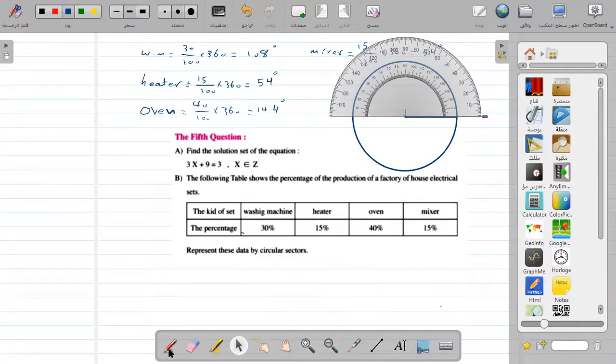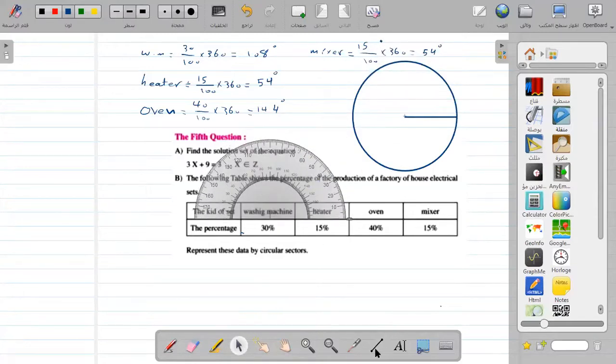So first I will take a pen or pencil. 0, 10, 20, 30, 40, 50, 60, 70, 80, 90, 100, 108. It will be approximately here, 105, 106, 7, 8. So this is the point of 108. Okay, now you can draw the radius of this angle.